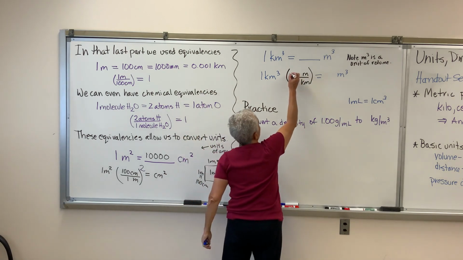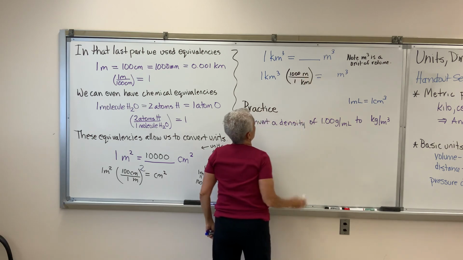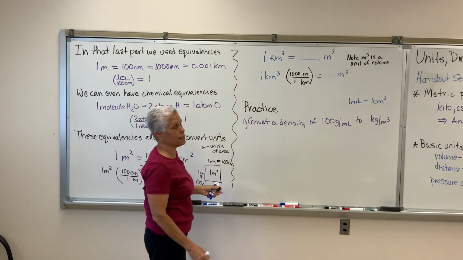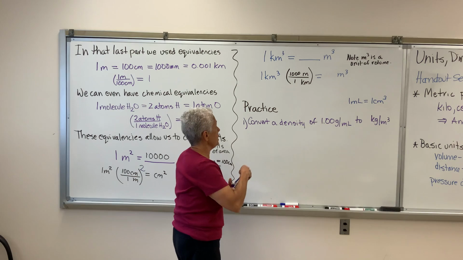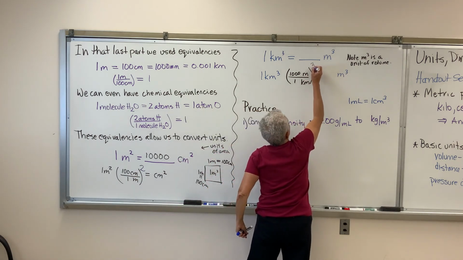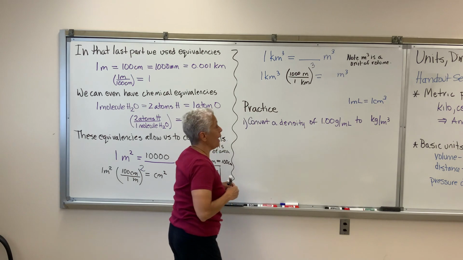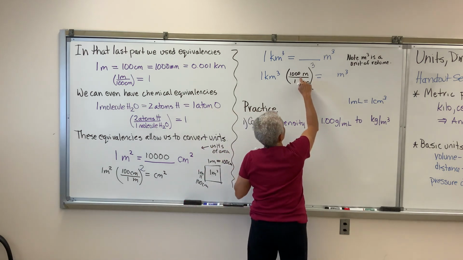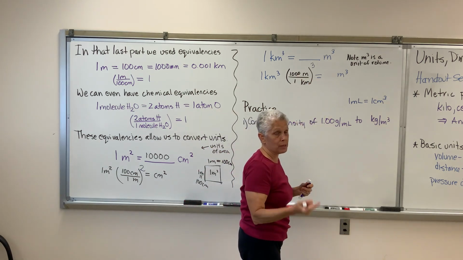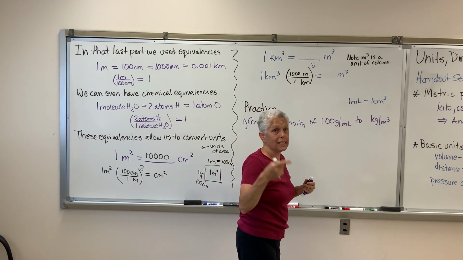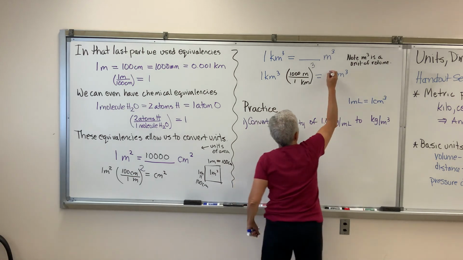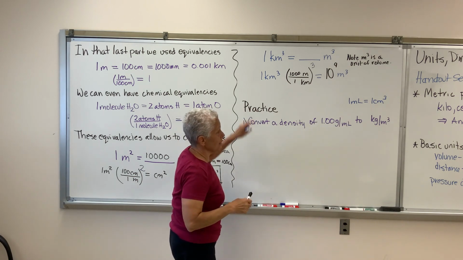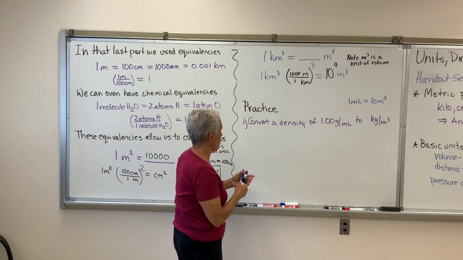You can put 1,000 meters is a kilometer, or you could put 1 meter is 0.001 kilometers, your choice, but the unit has to be cubed, right? So that the cube carries through, that means the 1,000 gets cubed, and so your answer is 1,000 times 1,000 times 1,000, so 10 to the 3 times 10 to the 3 times 10 to the 3, so this is 10 to the 9, okay?